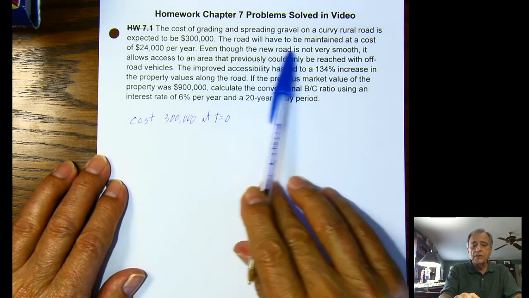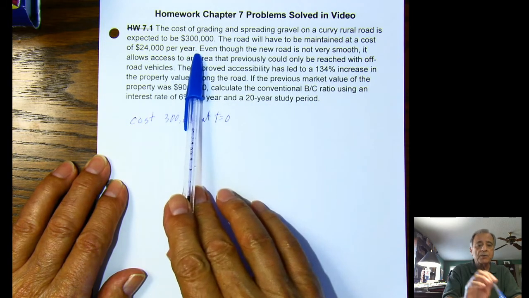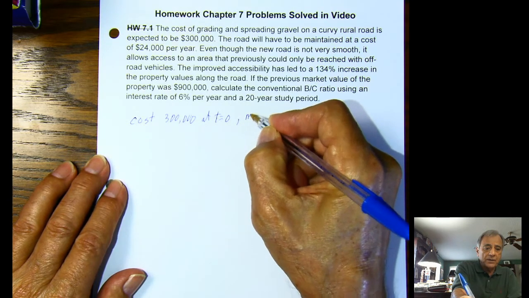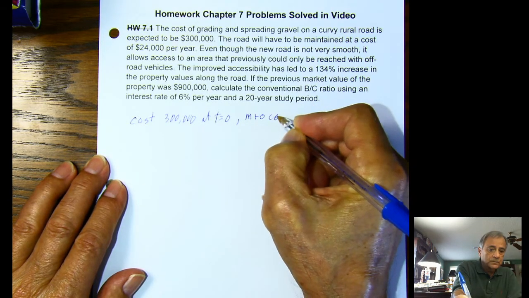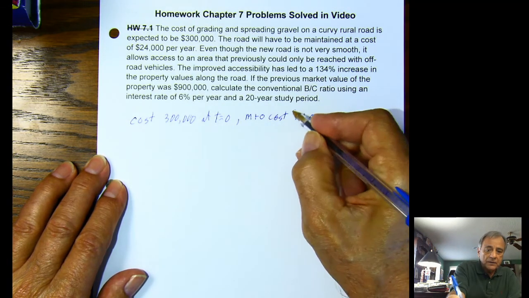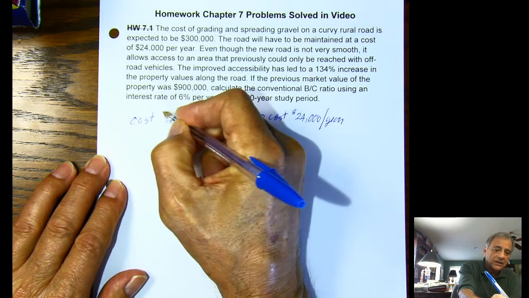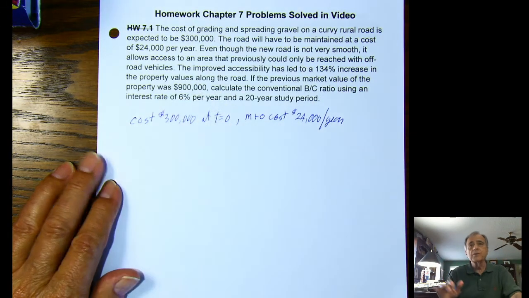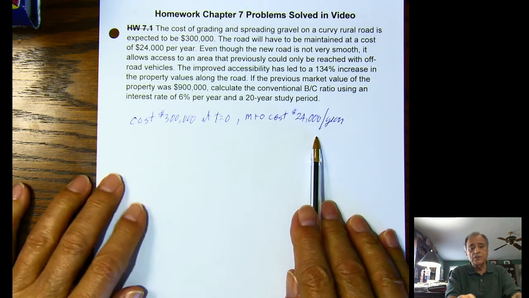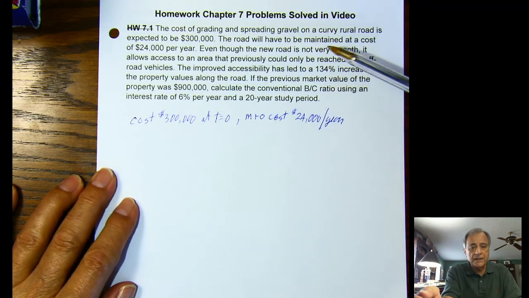And it says the road will be maintained at a cost of $24,000 per year. So that is M&O cost of $24,000 per year. So we have cost as just dollars because that's a single cash flow at time 0. And then we have M&O costs. So those 2 will make up the total cost. And so let's read on.